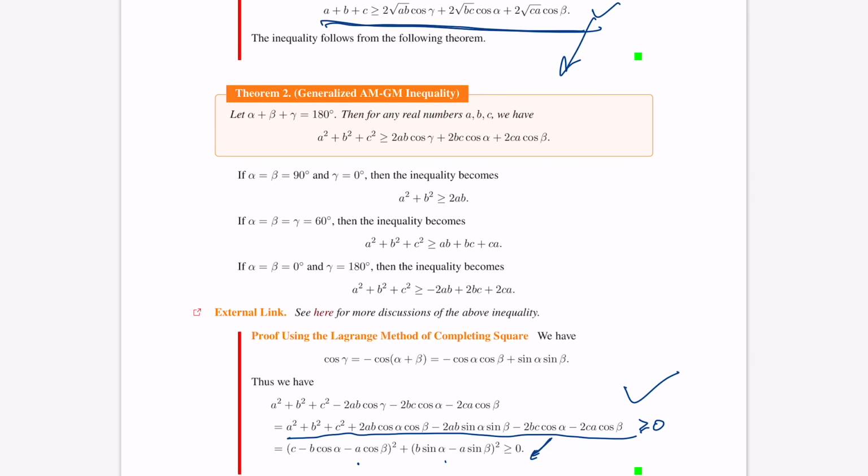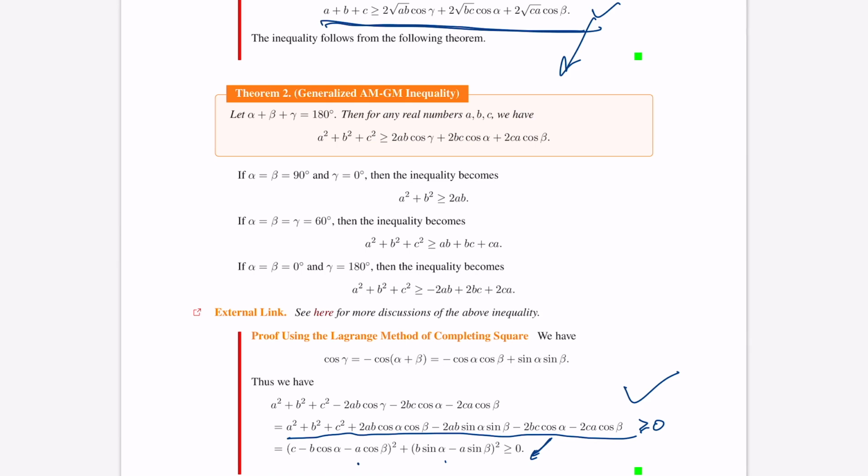This is actually one of the good methods to prove inequalities. If you want to prove something is non-negative, the easiest way is to write it as a sum of squares, and therefore it is non-negative.